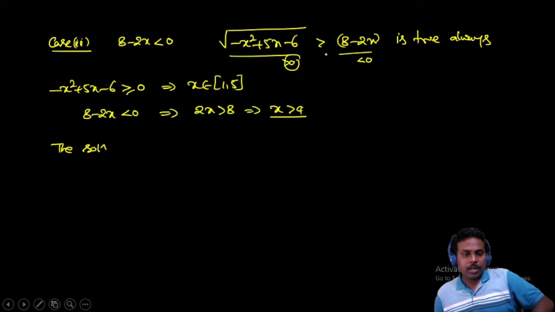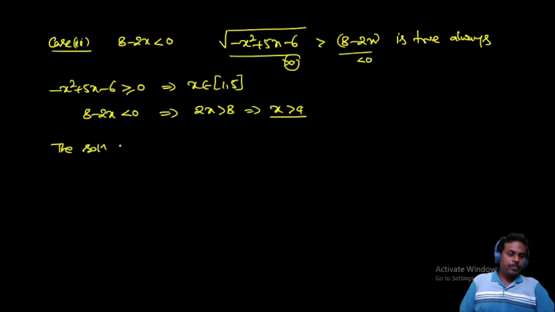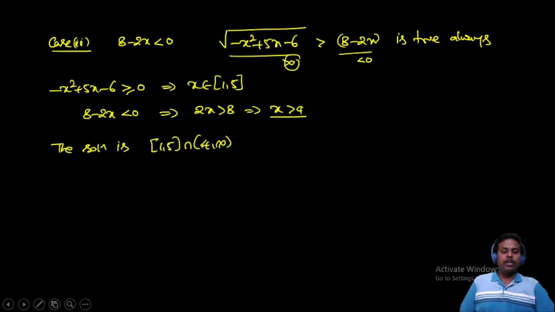Now the solution is the intersection of the closed interval 1 to 5 with open 4 to infinity. So here you have 4 to 5 closed.